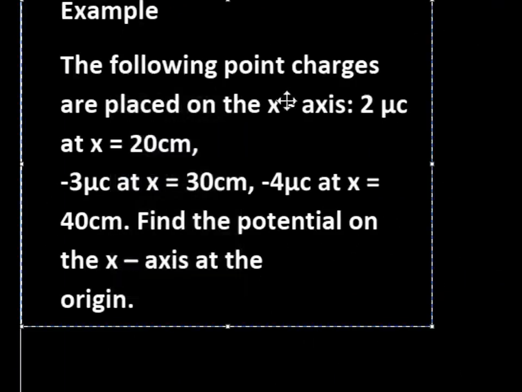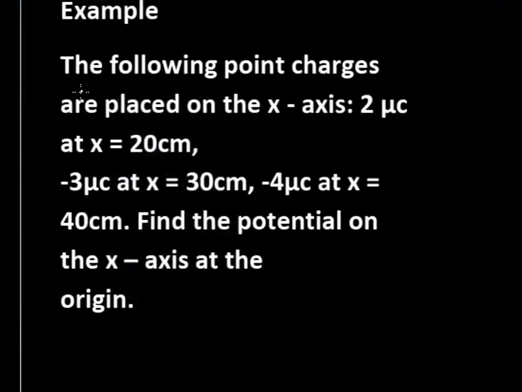The question goes: the following point charges are placed on the x-axis, 2 microcoulombs at a distance of 20 cm, then minus 3 microcoulombs at a distance of 30 cm, and minus 4 microcoulombs at a distance of 40 cm. Find the potential on the x-axis.